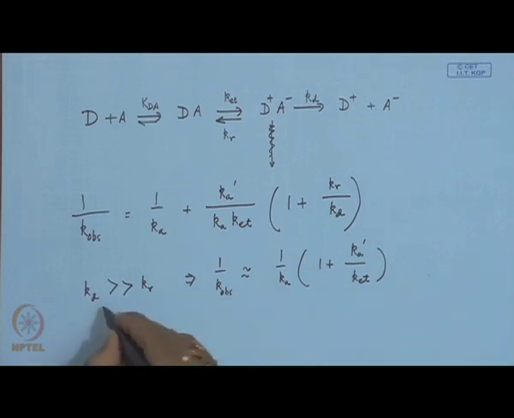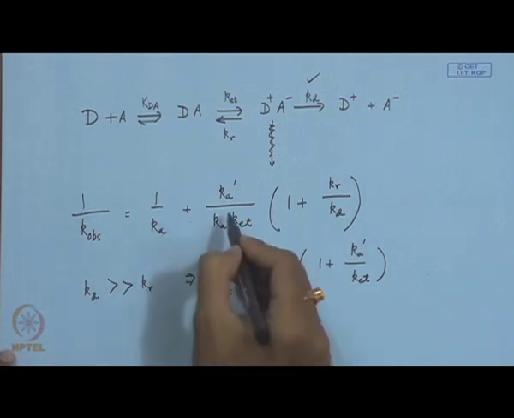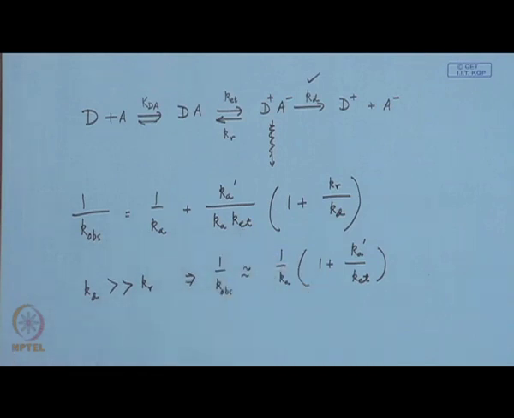Okay, when Kd is very much greater than Kr, so this is one case when this is high. From this you can get this expression with the idea that Kd is much greater than Kr.